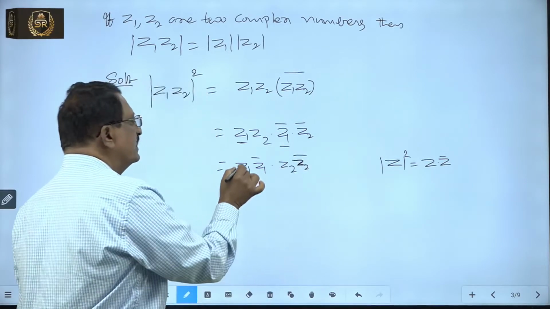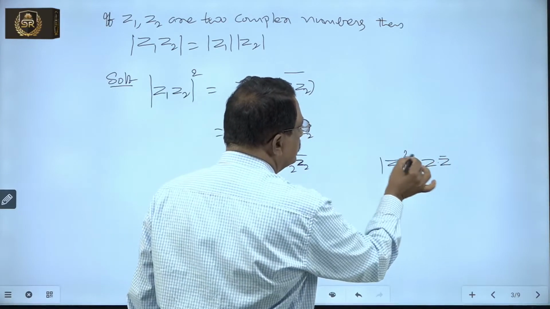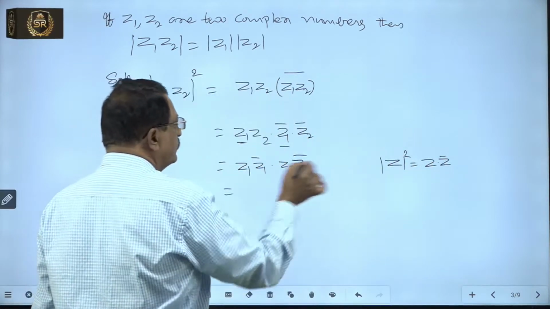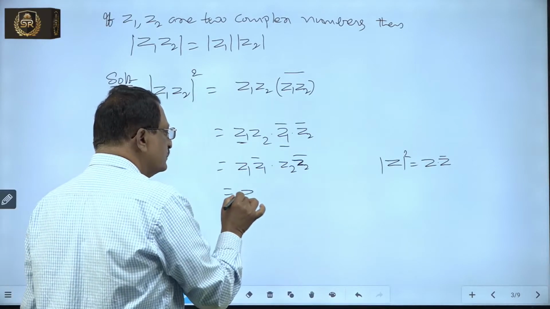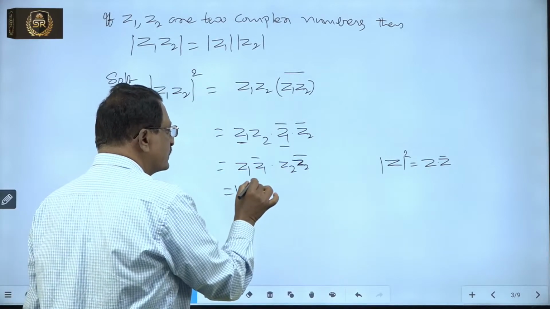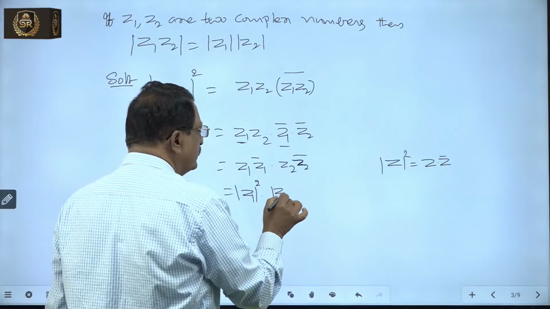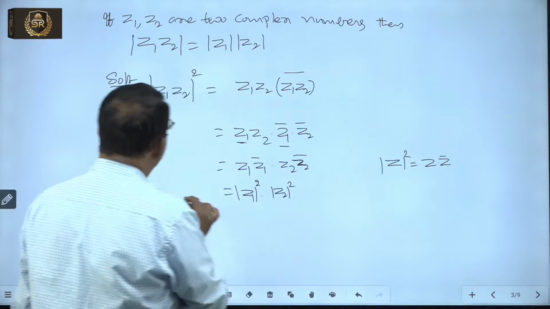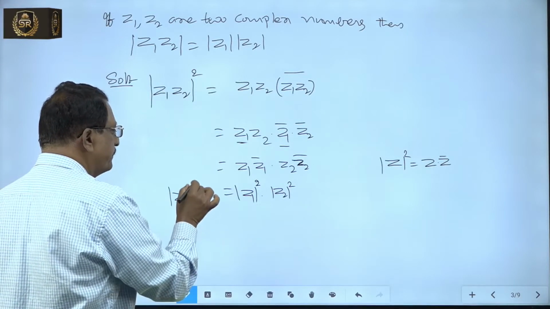But z into z bar equals mod z whole square. Similarly, it is mod z1 square into mod z2 square. It is for mod of z1 z2 whole square.